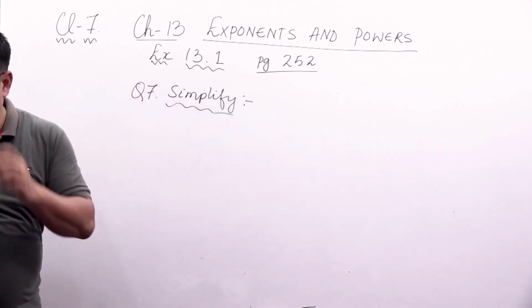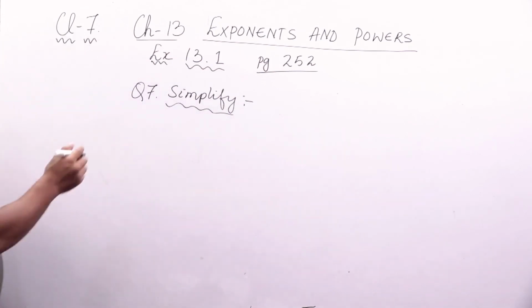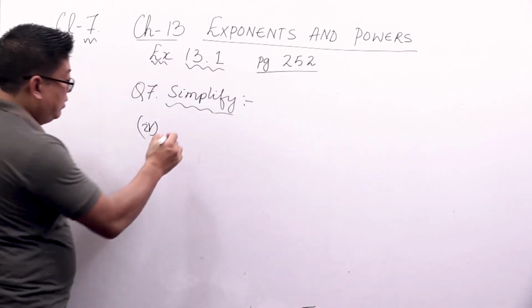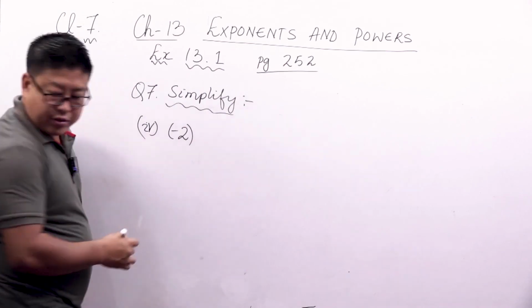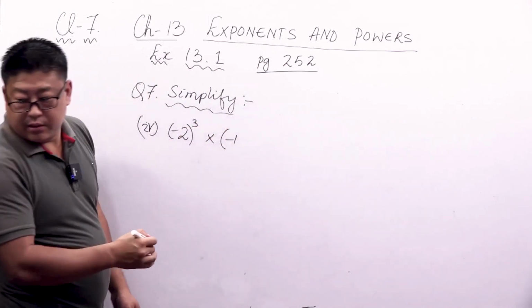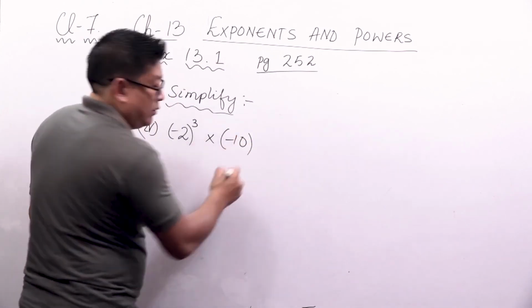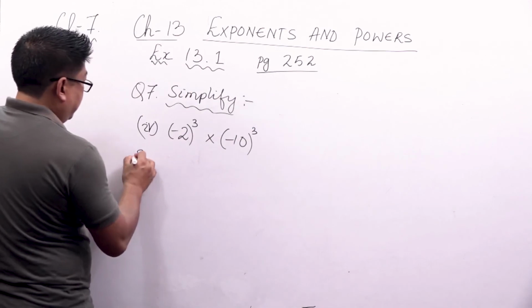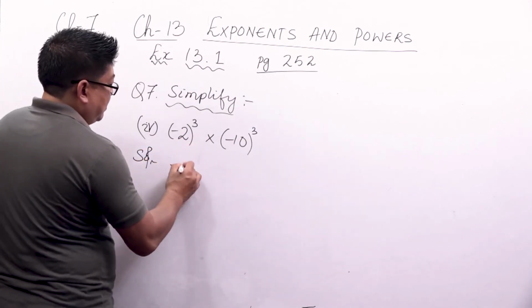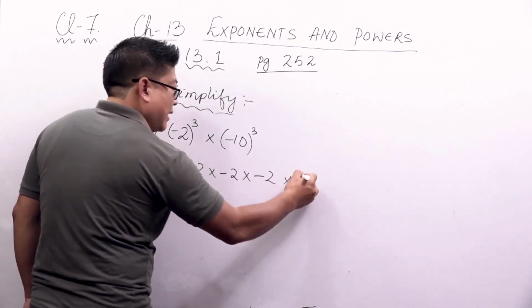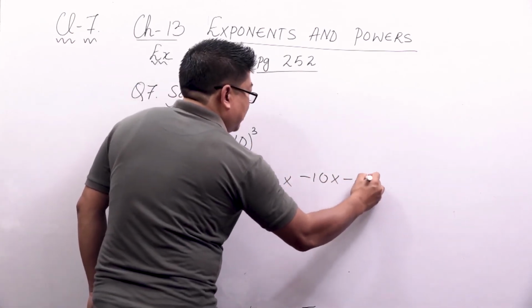All right. Let's look at a similar type of question. Question 4. Minus 2 to the power 3 into minus 10 to the power 3. So this means minus 2 is being multiplied 3 times and minus 10 is also being multiplied 3 times.